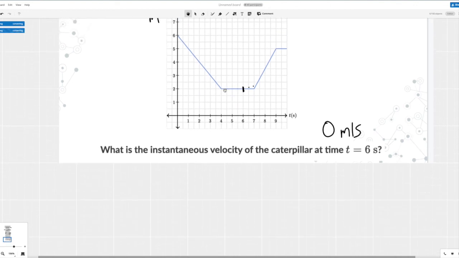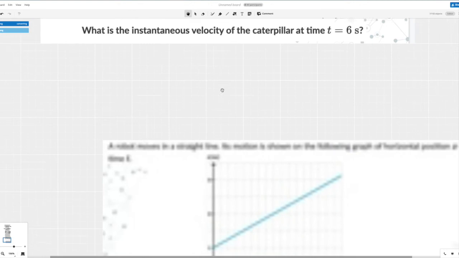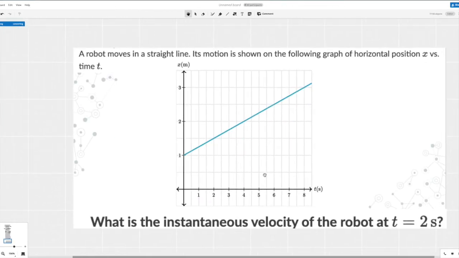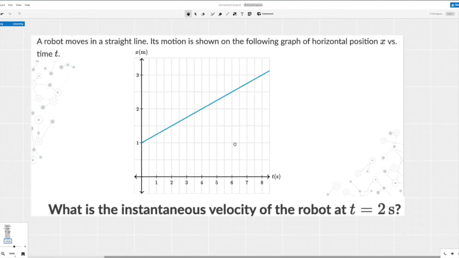In this case, the average velocity from 4 to 7 is the same as the instantaneous velocity at 6 because it's linear. Now try this question on your own. A robot moves in a straight line and its motion is shown on the following graph of horizontal position x versus time t. What is the instantaneous velocity at time equal to 2? Go ahead, give it a try. Scroll back through the video if you need to see any formulas.